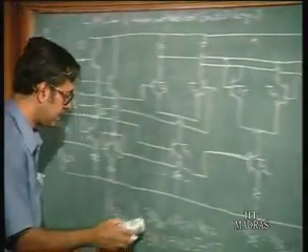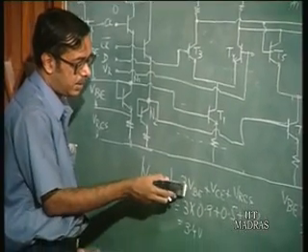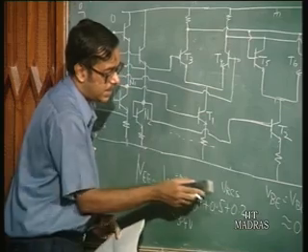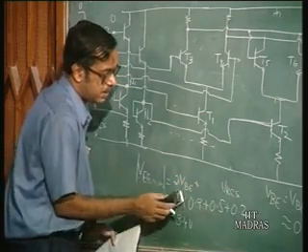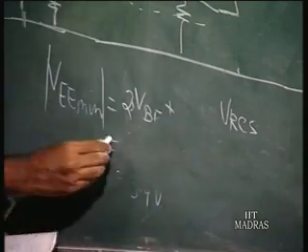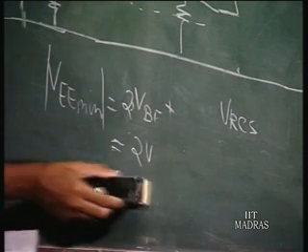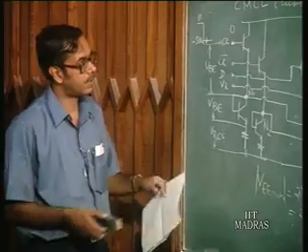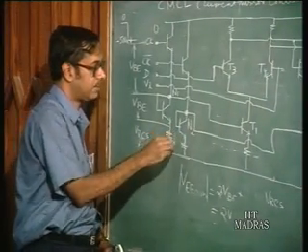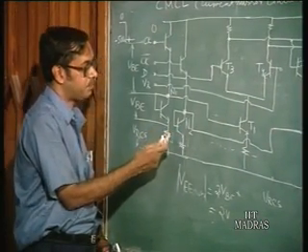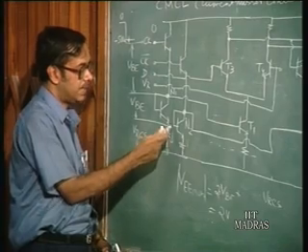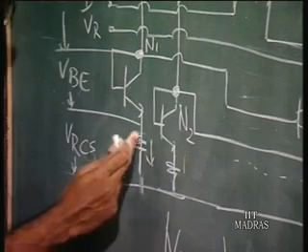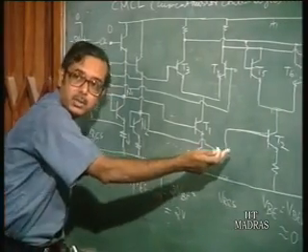So, here VEE min is going to be twice VBE plus VRCS, which means it is as low as 2 volts. And also the current, of course, what we want to say is that one of these is going to be on at a time, as well as one of these is going to be on at a time.